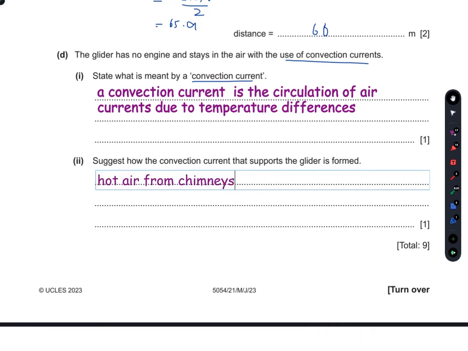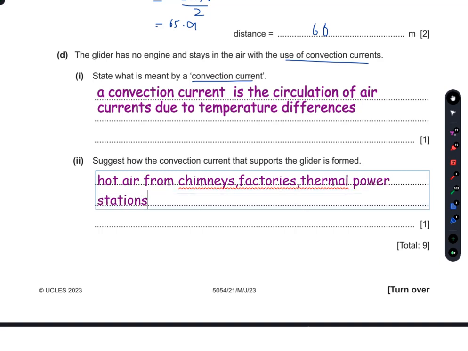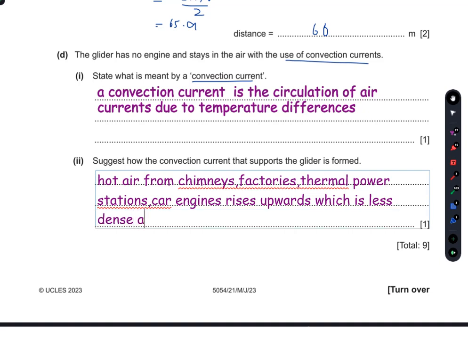Hot air from chimneys, factories, thermal power stations, car engines rises upwards, which is less dense air that helps the glider move.